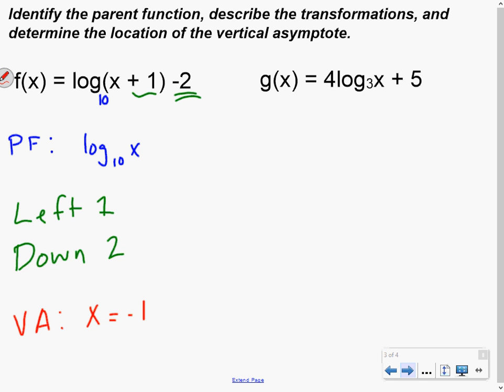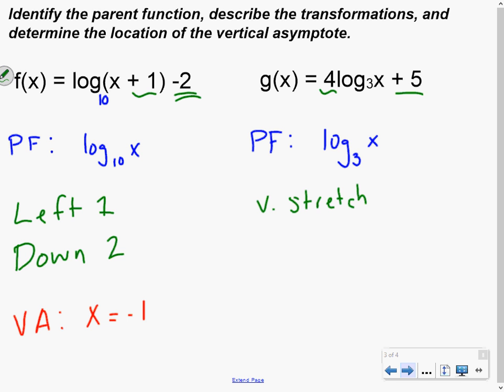Second one. Again, the parent function is going to be log base, whatever we've got here, so log base 3 of x. All the other numbers correspond to other transformations. The 4 in front of the log would be a vertical stretch. And the plus 5 here, if it's not inside parentheses, is going to be a vertical translation.